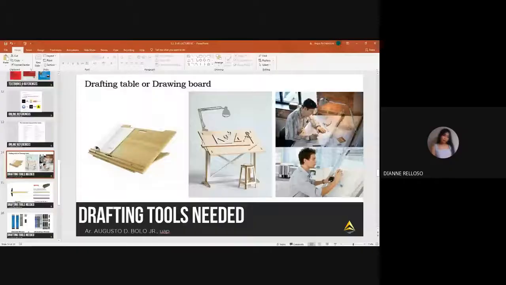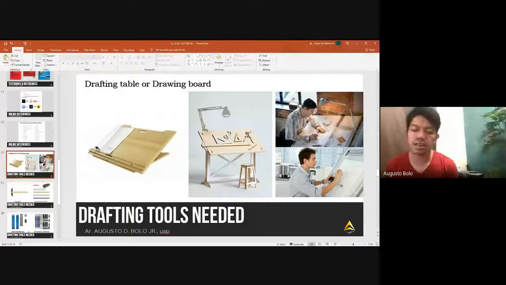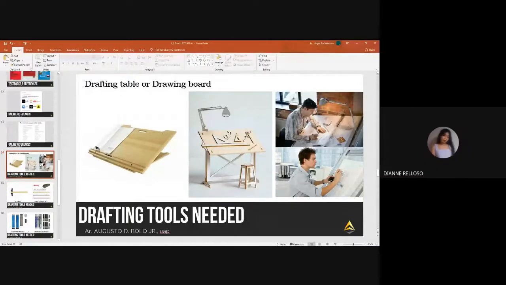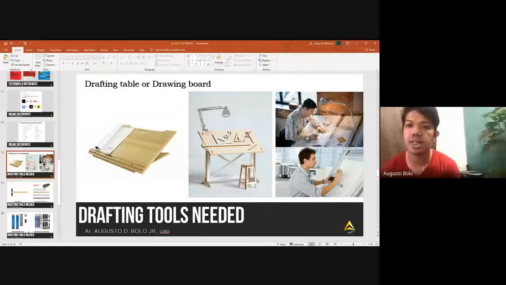Yes, Dayan. Sir, anong size po ng tracing paper? 20 by 30. Okay po. Thank you. Standard yun. It comes in a standard size of tracing, lalo na pag binili mo siya by tube. It's a standard size 20 by 30.